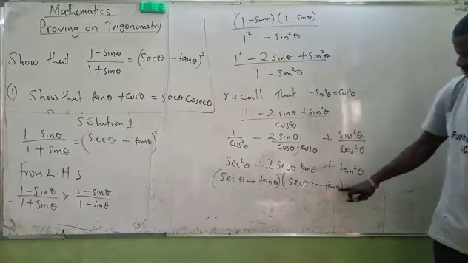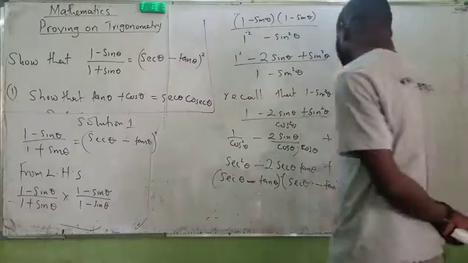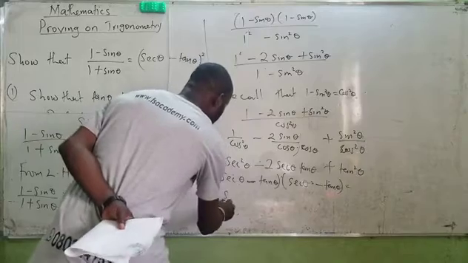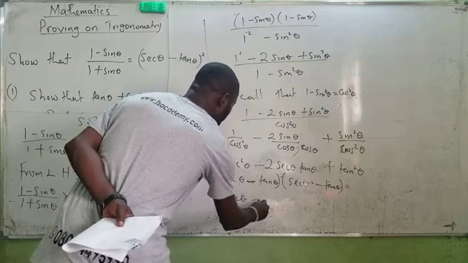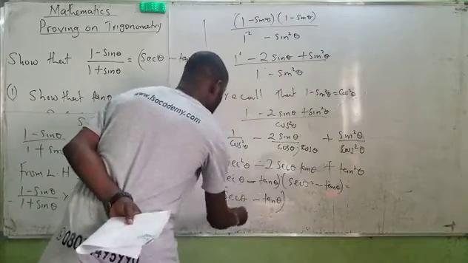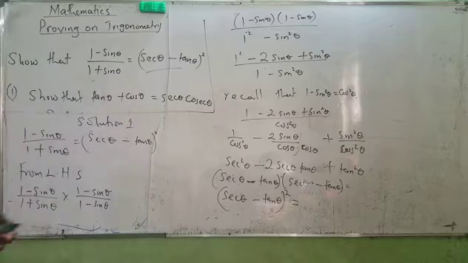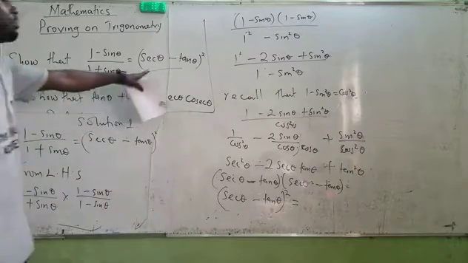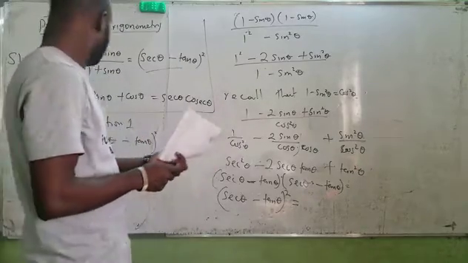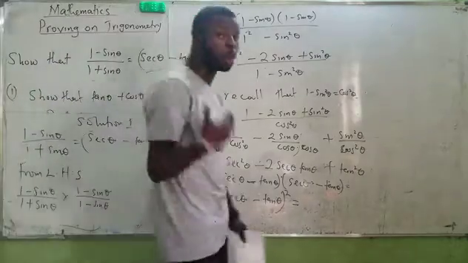When you expand this, it will definitely give me this. Therefore, I can say that my sec theta minus tan theta squared equals this. Can you see that I've successfully proved that? That is just that. By this point, I've successfully shown it.